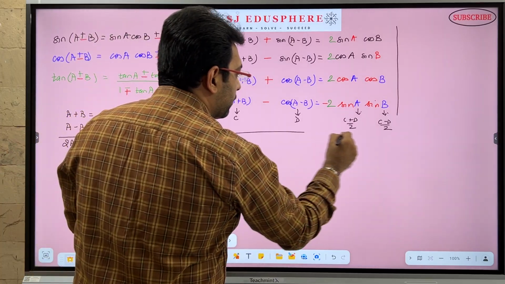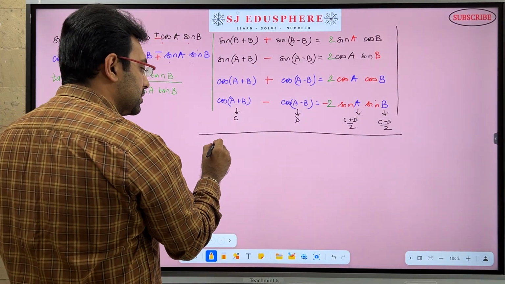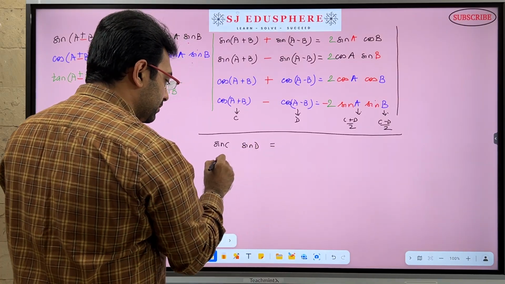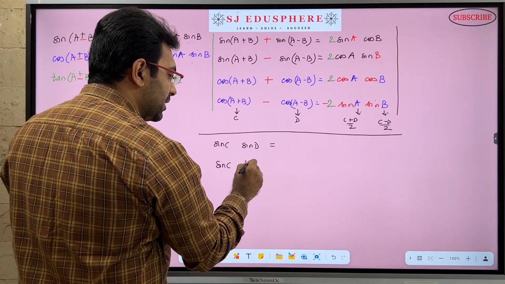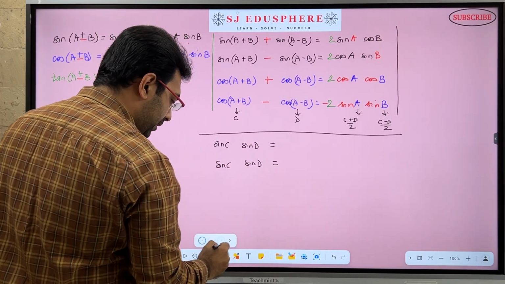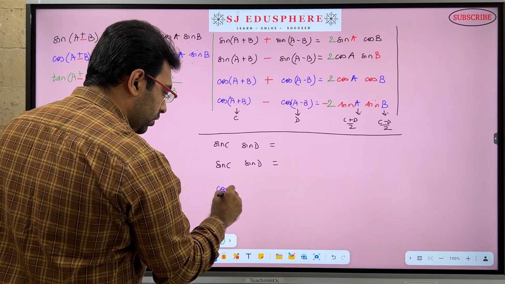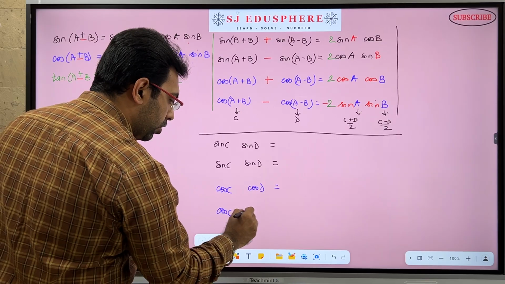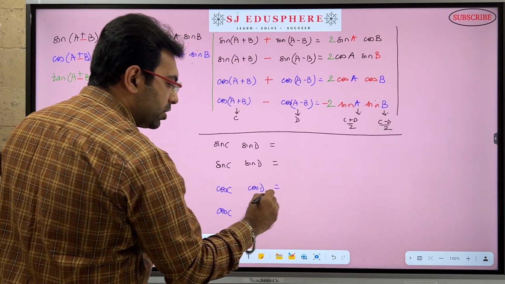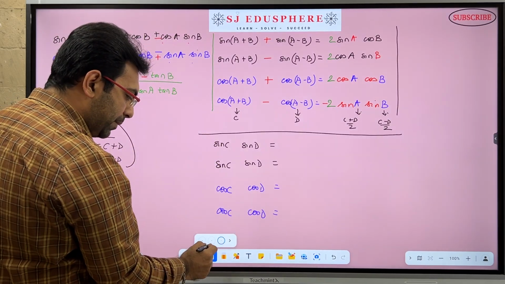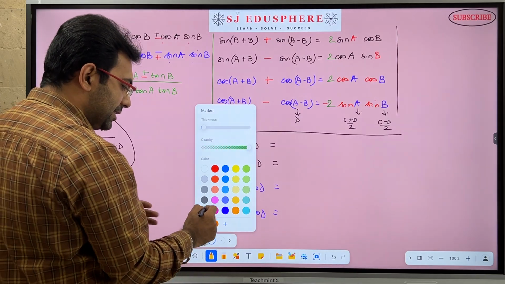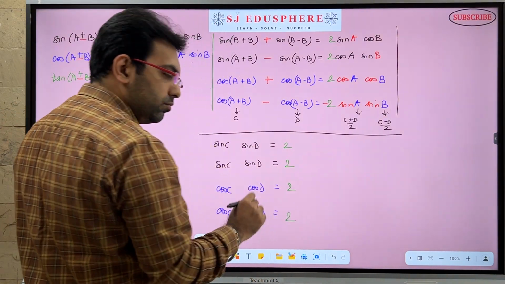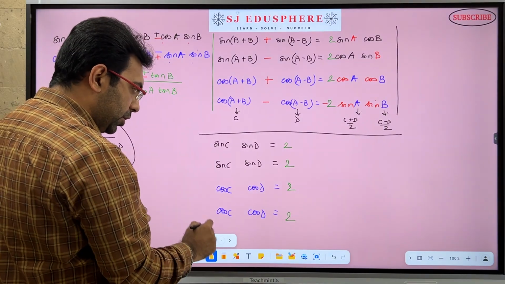My third set of formula list turns out to be sin C + sin D, sin C - sin D, cos C + cos D, cos C - cos D. The balance is still the same. Everyone will have the number 2.